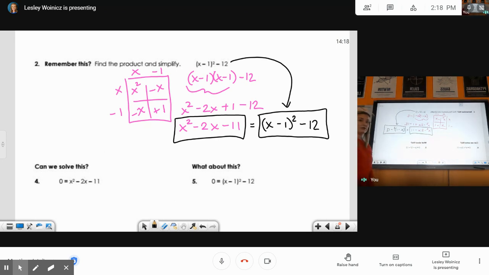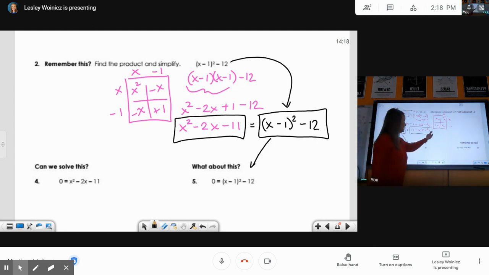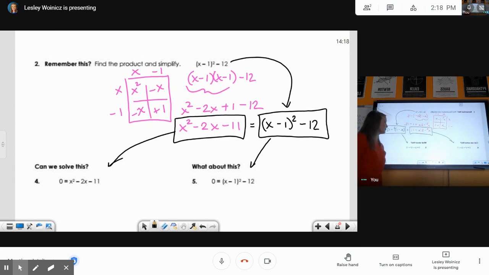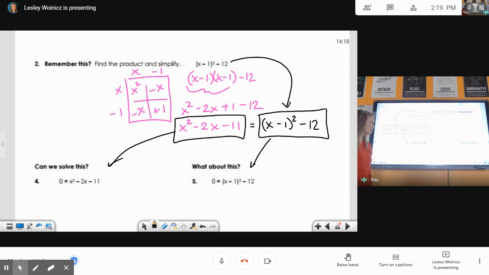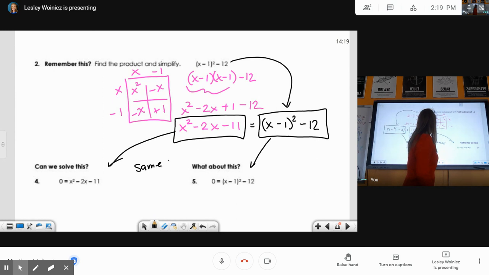They're just equivalent forms. They just look different. What I'm hoping you're noticing when you compare these two to the two below is that this is this, and that this is this. So 4 and 5, these two equations, are different forms of the same equation.